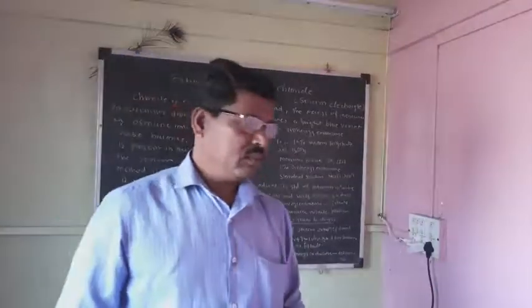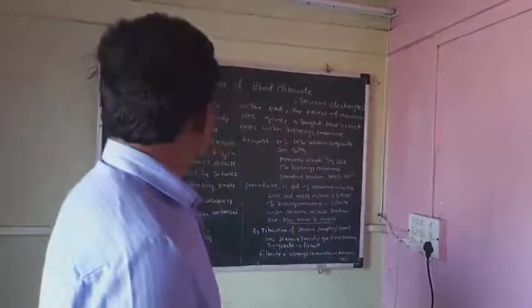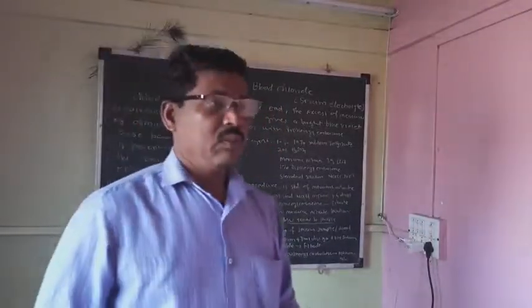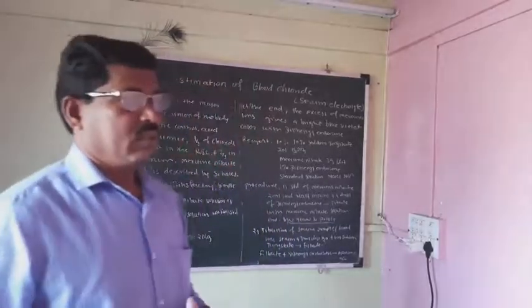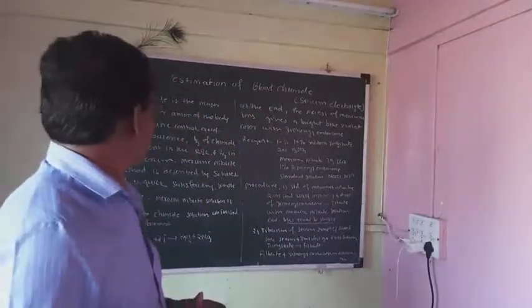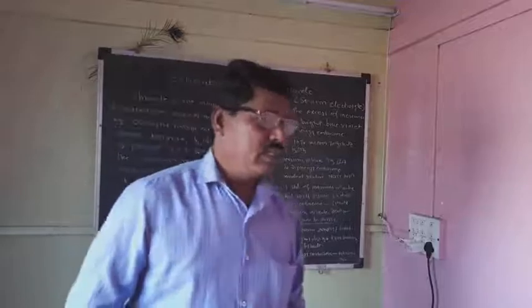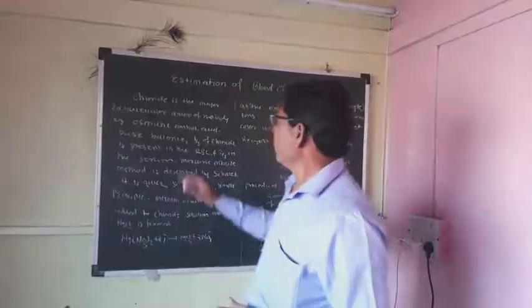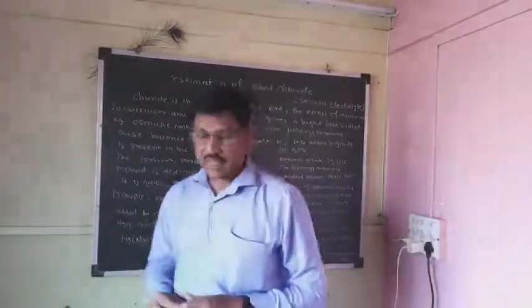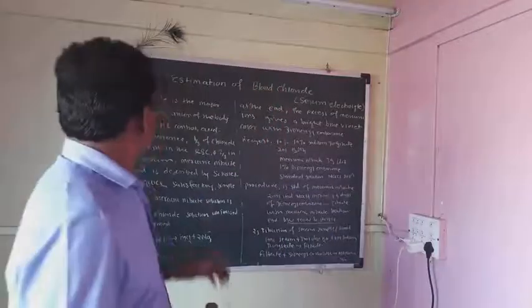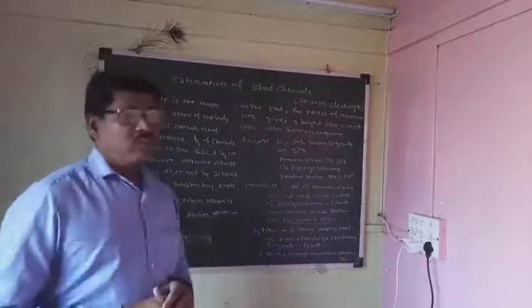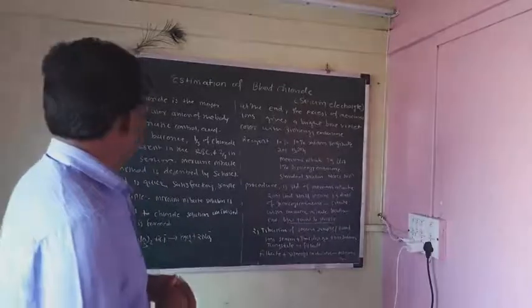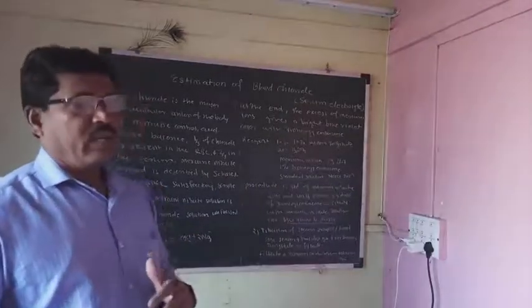Now the estimation of blood chloride or serum. Chloride is the major extracellular anion of the body. For example, the extracellular and intracellular.